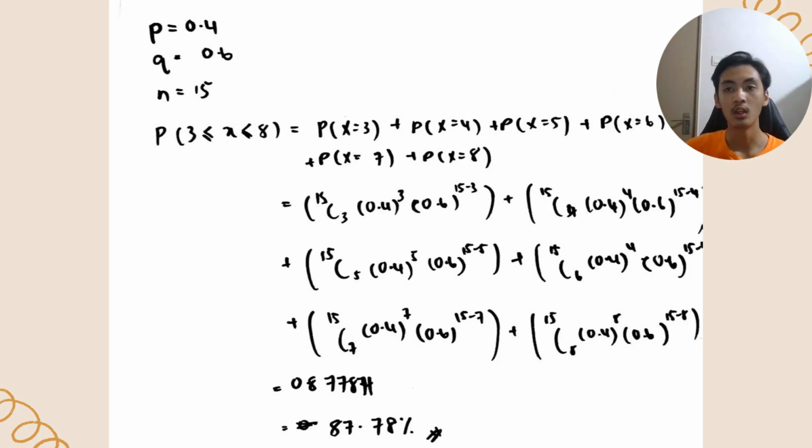For this question, we can use the binomial probability formula. It helps us calculate the likelihood of a certain number of successes in a fixed number of trials.